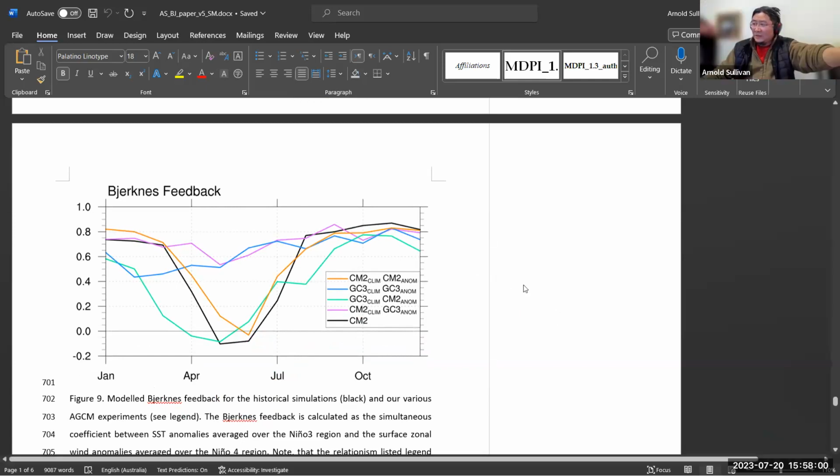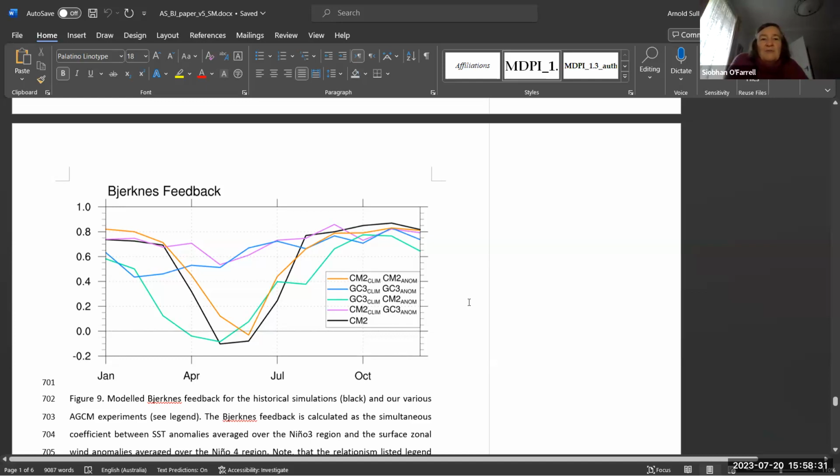I think this is maybe a chicken and egg thing, because these anomalies are generated from the coupled model. So here we only use this anomaly to show that using these kinds of anomalies will cause the wind to be driven differently. Oh, so you're just saying these anomalies are upsetting the winds rather than necessarily causing the Birkenes feedback.